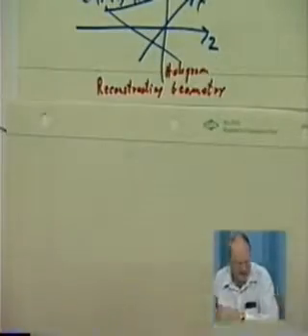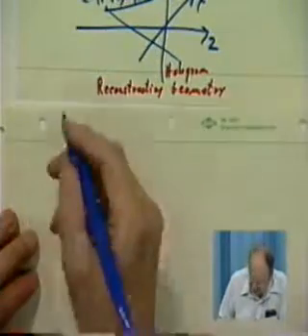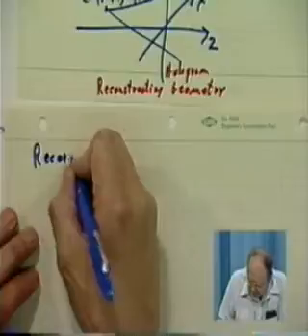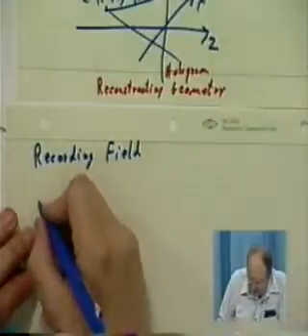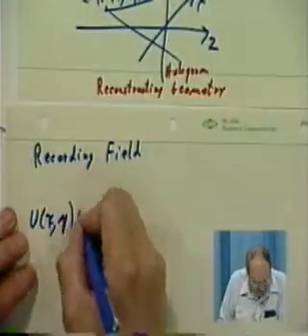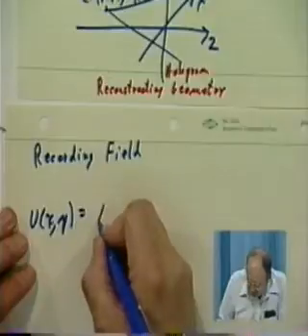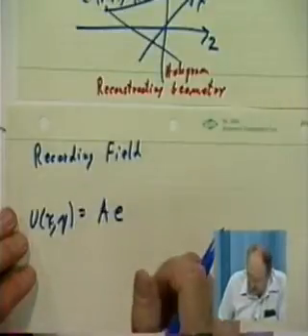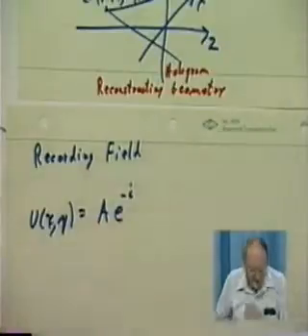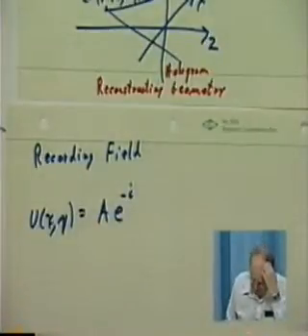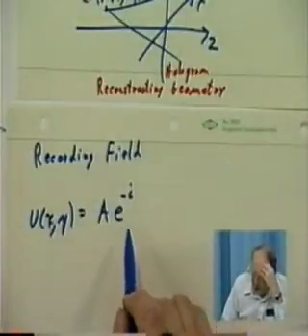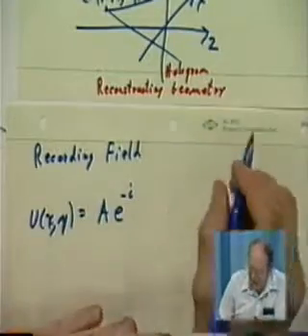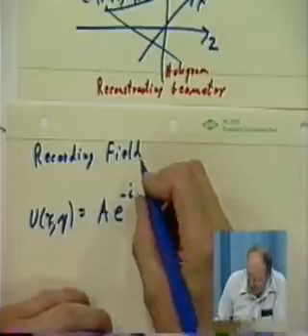So, recording field. So u of xy is equal to A e to the... Well, we're going to make a parabolic approximation to the spherical wave, which we've done 100 times this semester.